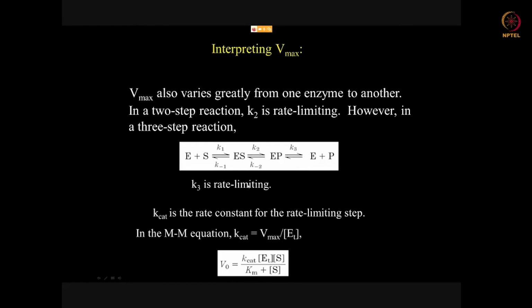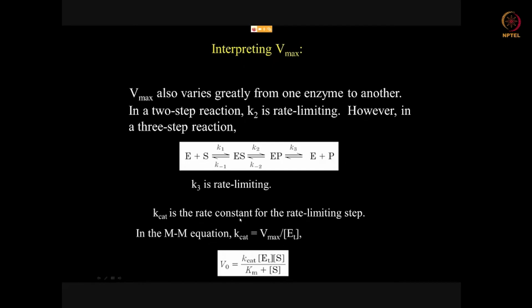And where this leads us to a term called Kcat. So in this particular experiment, K3 is Kcat. And if you have more, K4, K5 and so on, then whichever one is rate limiting, that rate limiting step's rate constant would be the Kcat. Okay, Kcat.